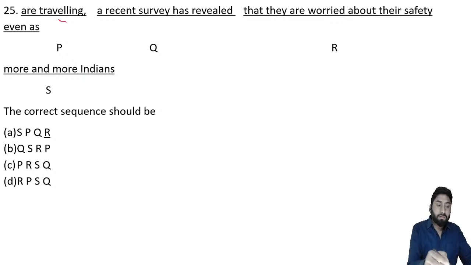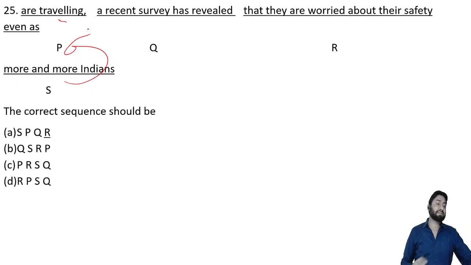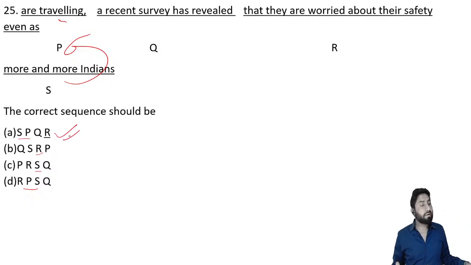Are traveling, a recent survey, more and more Indians, more and more Indians are traveling, right? That's where the link is, S and P. So more and more Indians are traveling, SP, SP. This is the only one.